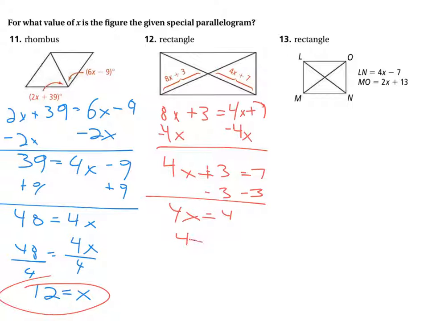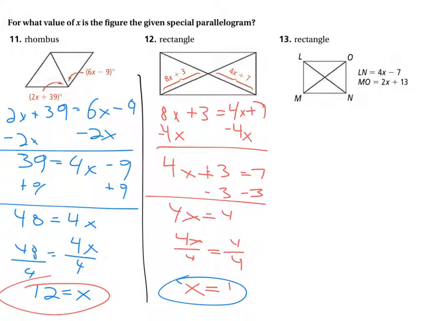And of course, when we do 4x divided by 4 and 4 divided by 4, we get x equals 1. So that x value will give us those two segments congruent to each other. And let me just draw separating lines here so it visually helps us. And then let's look at this last one.